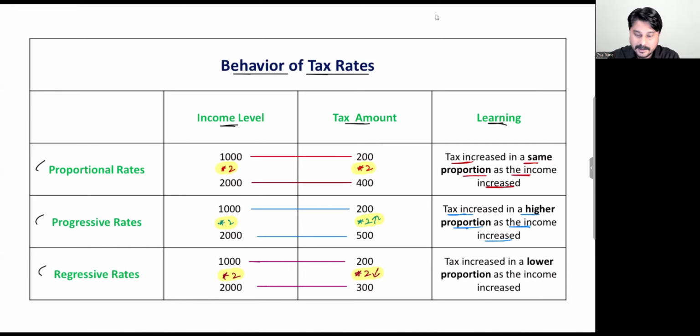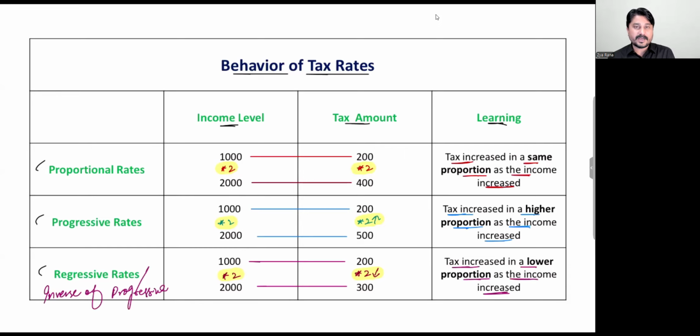So we can say that tax increases in a lower proportion as income increases. So when such tax rates are applicable, those are regressive tax rates. Regressive tax rates are also termed as the inverse of progressive tax rates. So these are the regressive tax rates.